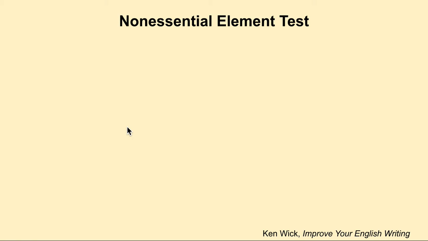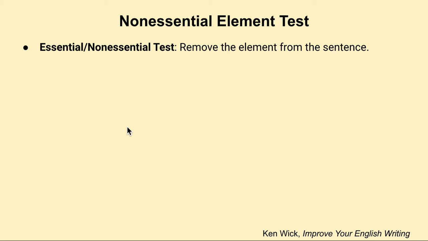So here's a test for essential and non-essential. And if you think about it, it's just really when you remove the element from the sentence, does it affect the meaning? So here's our first example. Kathy in my English class is from China. So is in my English class an essential or non-essential element?